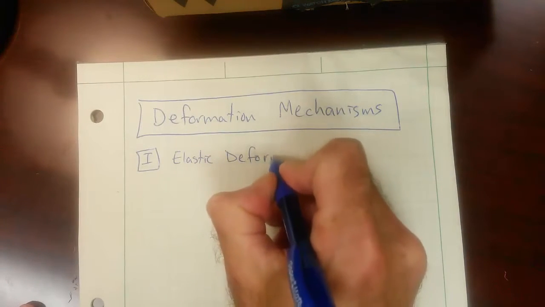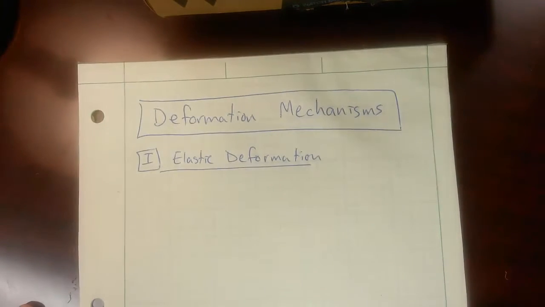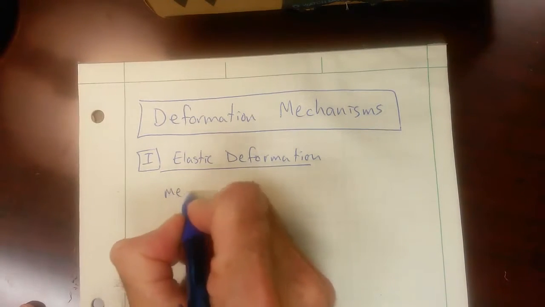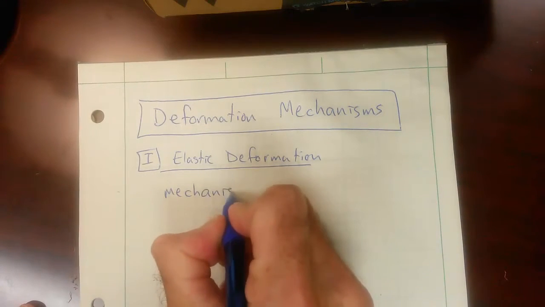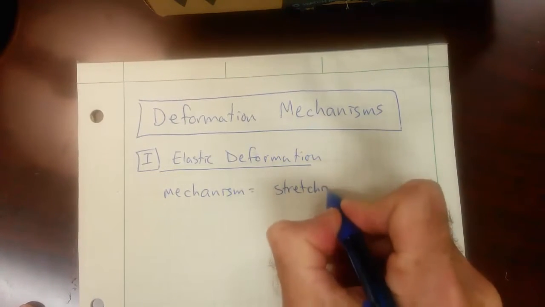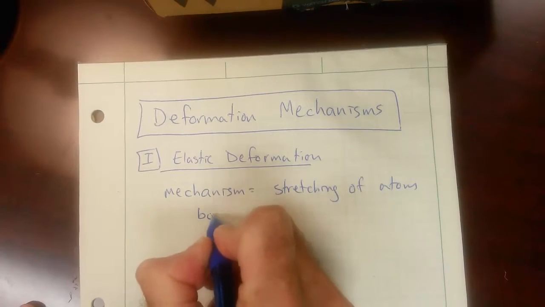In elastic deformation, the mechanism of deformation is the stretching of atomic bonds.